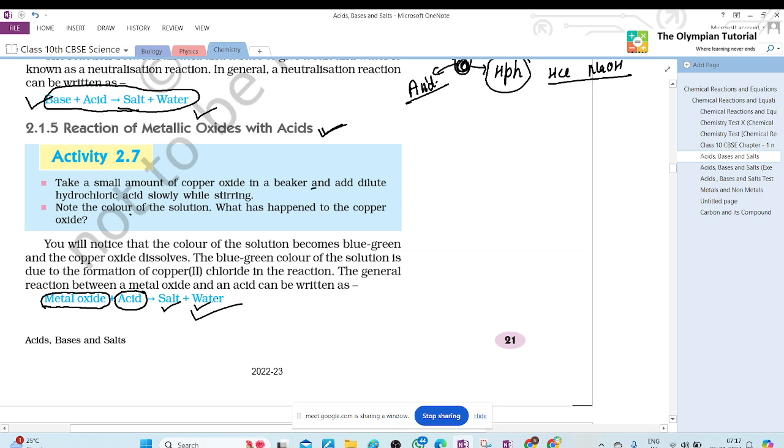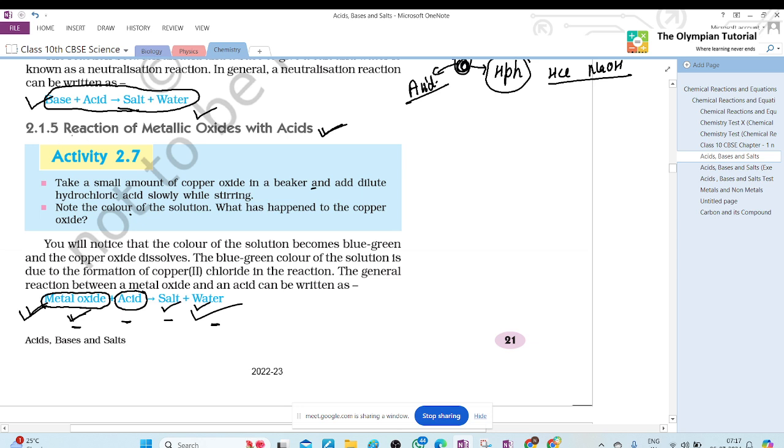Okay, can you explain to me, will metal oxide be acidic or basic? Basic. Very good, because when base reacts with acid it will give salt and water. If metallic oxide is written here, it means it is acting as base.